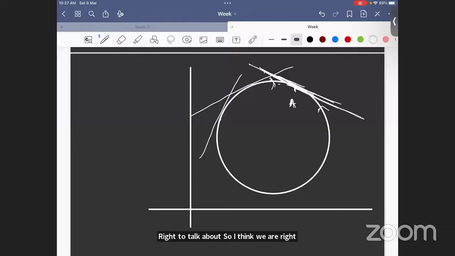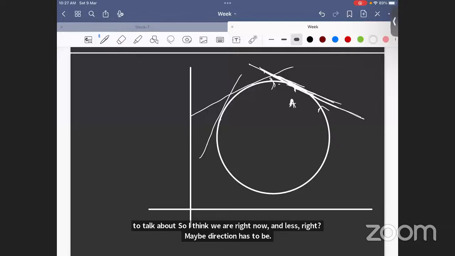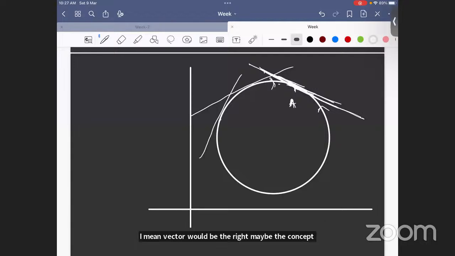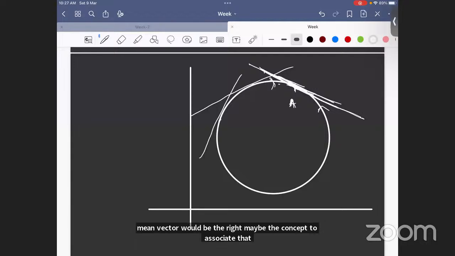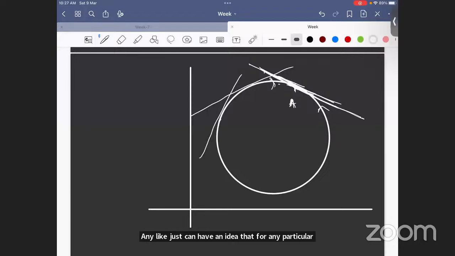Maybe if direction has to be coming, vector would be the right concept to associate with that. Yeah, you are correct. So what I'm trying to say is, for any curve, the tangent generally gives you, at that particular point, how the plot moves.